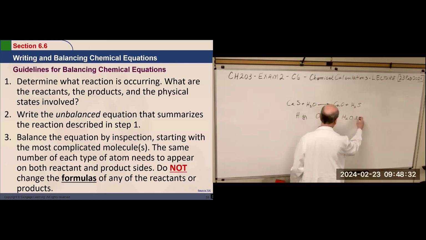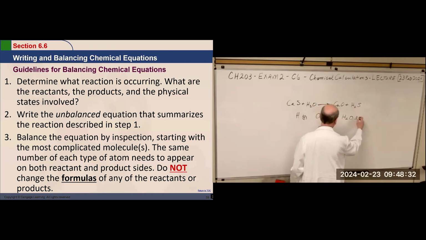It won't be proper unless these are diatomic. Remember the diatomic elements: hydrogen, nitrogen, oxygen, fluorine, chlorine, bromine, iodine. Those are all diatomic elements. And in that first periodic table I gave you, they had blue backgrounds. Those are the diatomics.